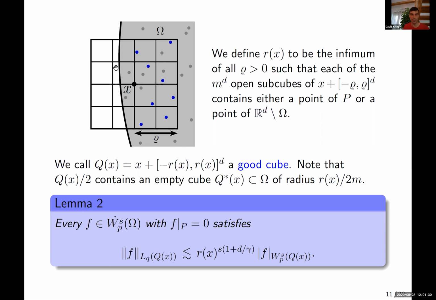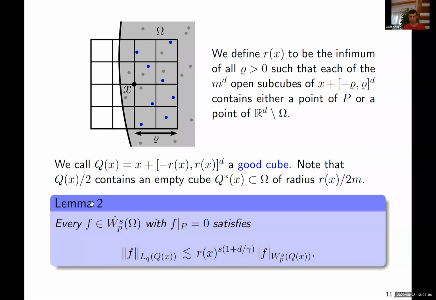So on these cubes which go to the outside of omega, we automatically have zeros of the functions. And at these blue points, we also have zeros. So for these cubes, we can apply the lemma from before. I didn't call it a lemma, but the principle that enough zeros and small derivatives yield a small function.